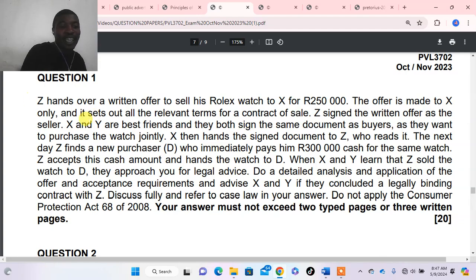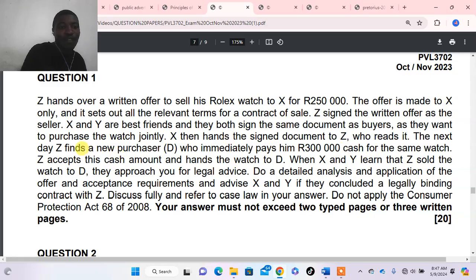Now, Z is the one who has to hand over, because the contract gives rise to performance, which is a personal right, and Z has only one thing to do, to deliver the watch. He failed to deliver the watch. Therefore, he breached as what we call a mora creditor, because he has a duty to perform and he failed.